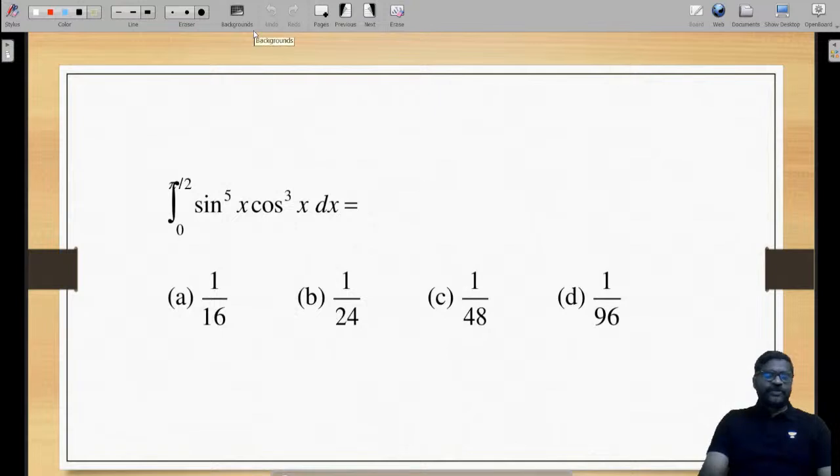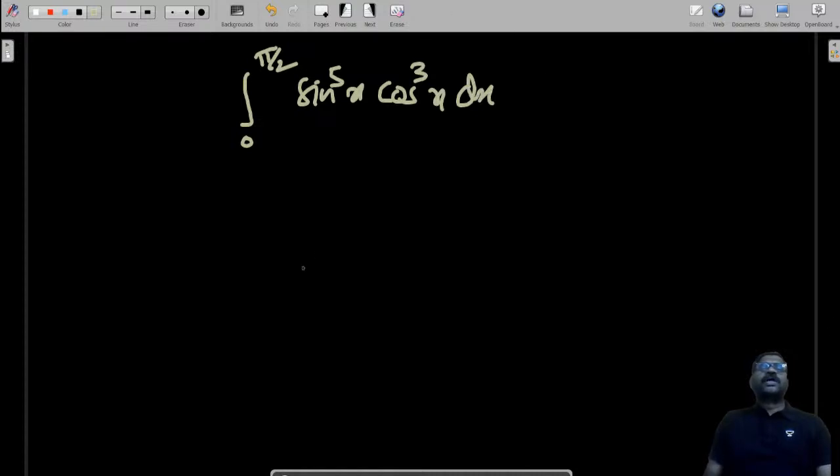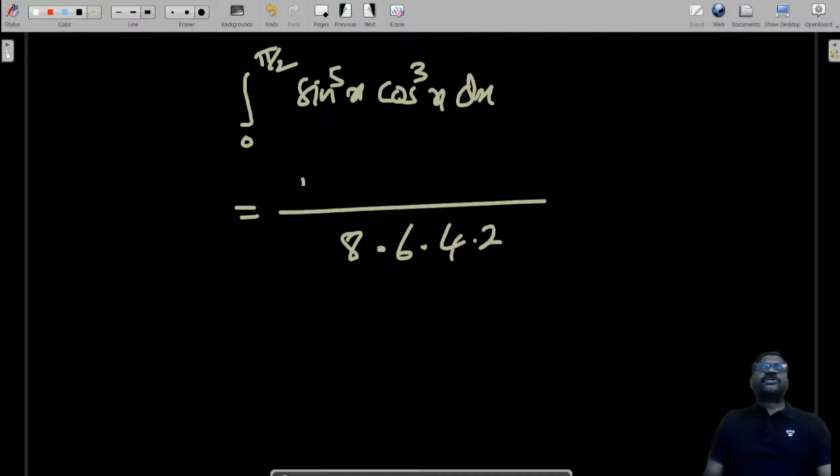Integral 0 to pi by 2 sin power 5x and cos cube x dx. You can apply Wallis rule. Denominator starts with 8, 6, 4, 2. When power is 5, numerator starts with 4, 4 into 2. When power is 3, numerator starts with 2.